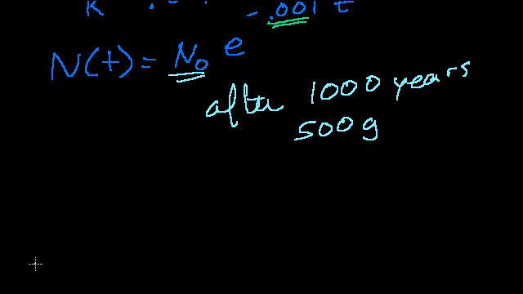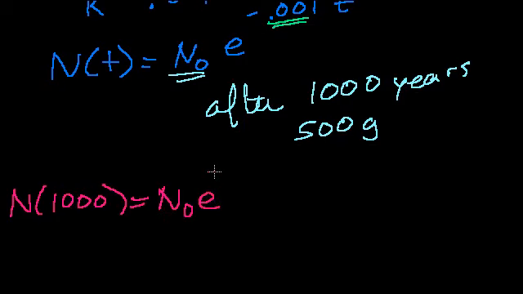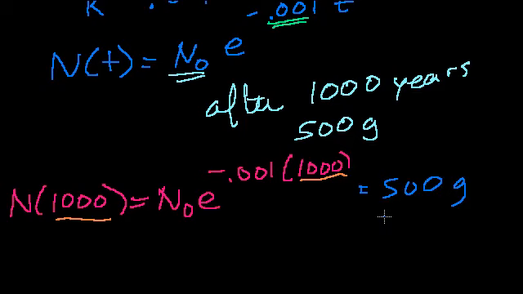I'm saying that after 1,000 years, n of 1,000, is equal to n sub naught times e to the minus 0.001 times 1,000. That's the n of 1,000, and I'm saying that that equals 500 grams. So I just have to solve for n sub naught.